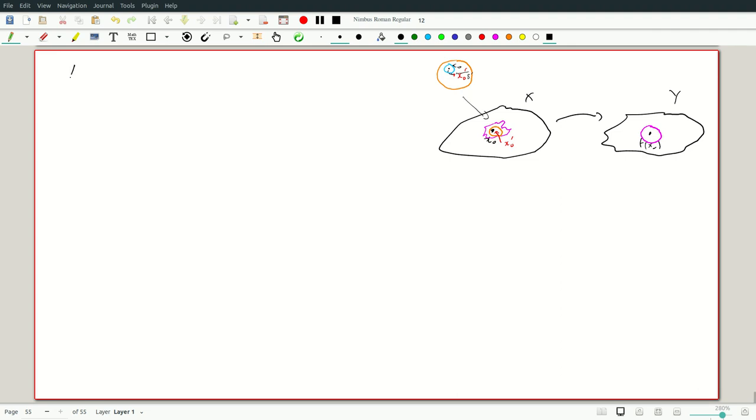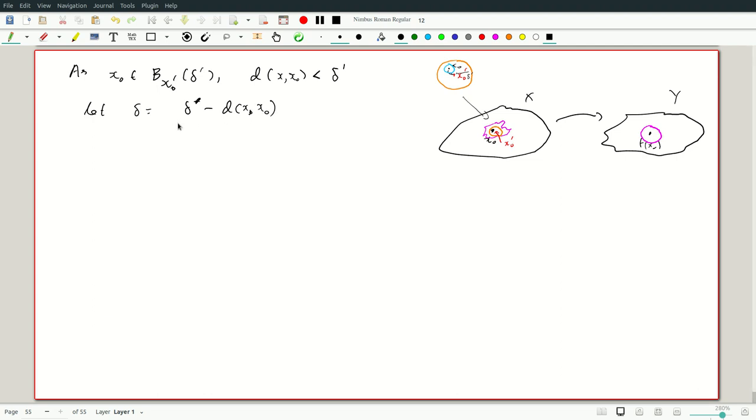So as x0 belongs to this ball around x0 prime of radius delta prime, the distance between x0 and x0 prime is less than delta prime. Okay, so what is the size of this ball? Well, there is some room. So let delta be delta prime minus d of x0, x0 prime.